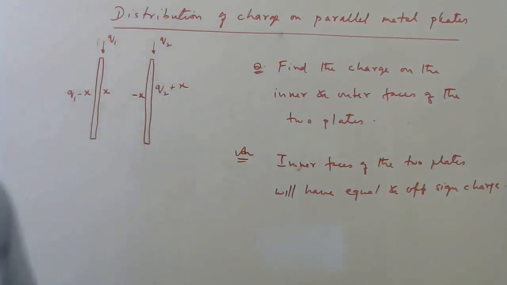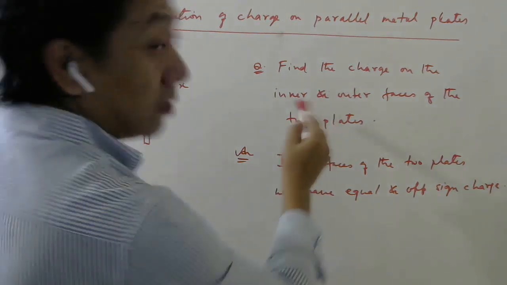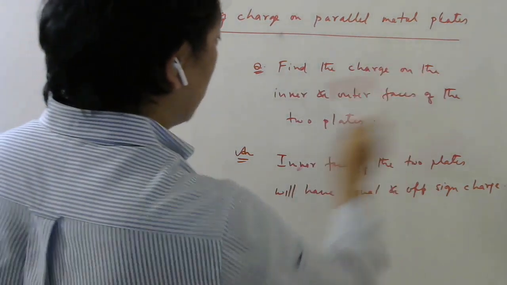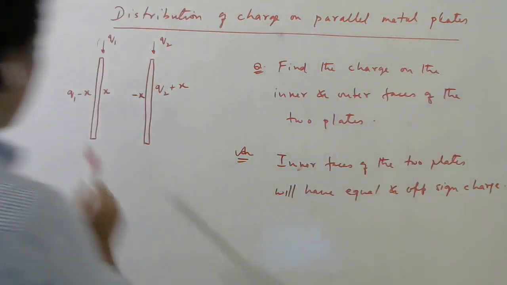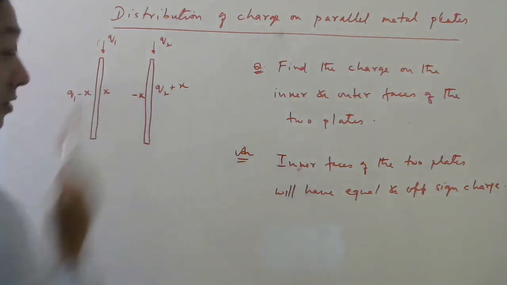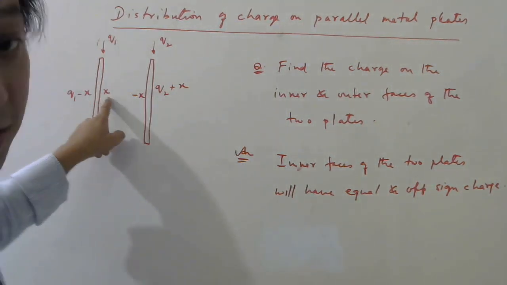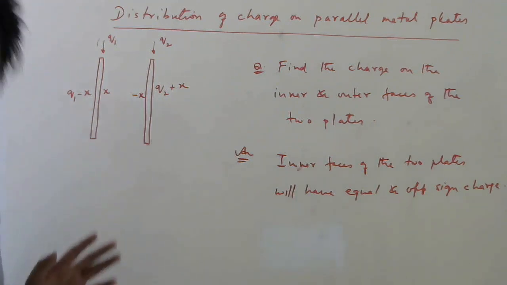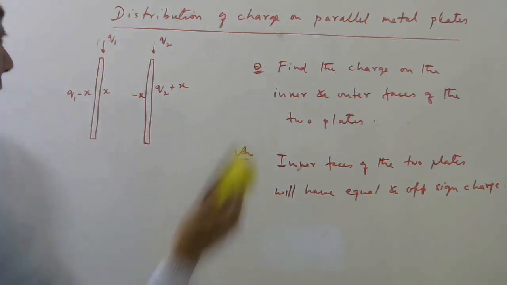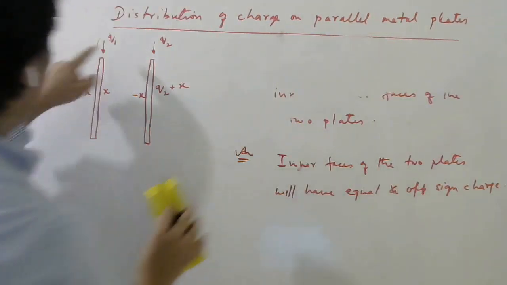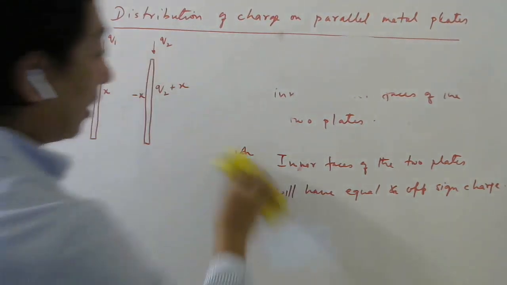Okay, so now to find the answer, the question was find the charge on the inner and outer faces. So to find this charge, this charge, this charge, this charge, what we need to find, x. Once we find the x, the job is done, right? Because the answer should be in terms of given quantities. Given quantities are q1 and q2.